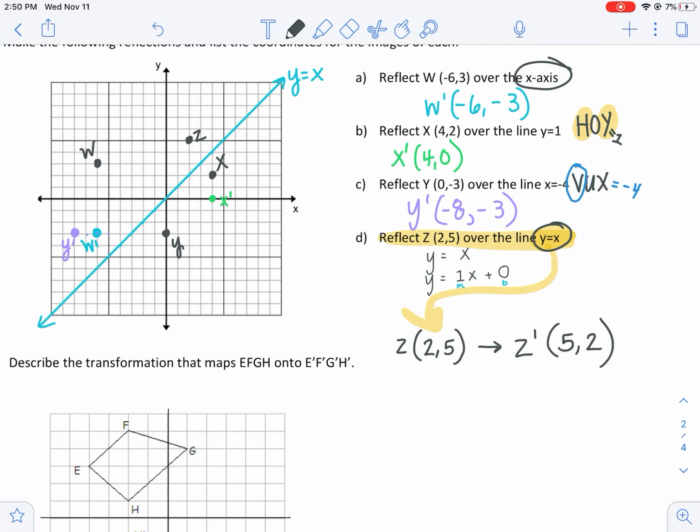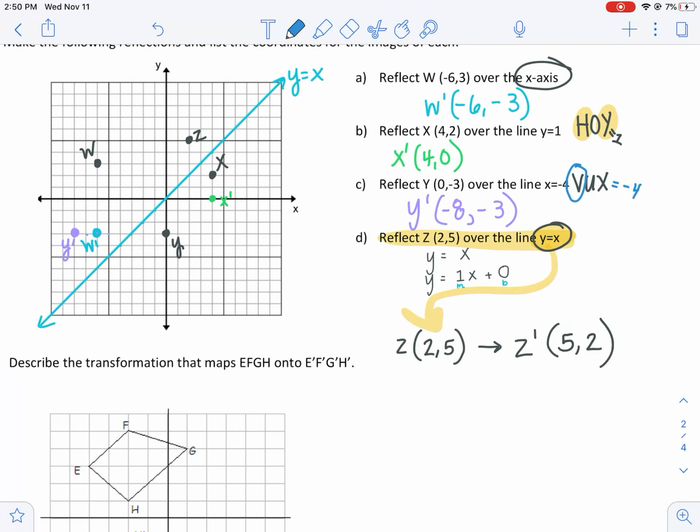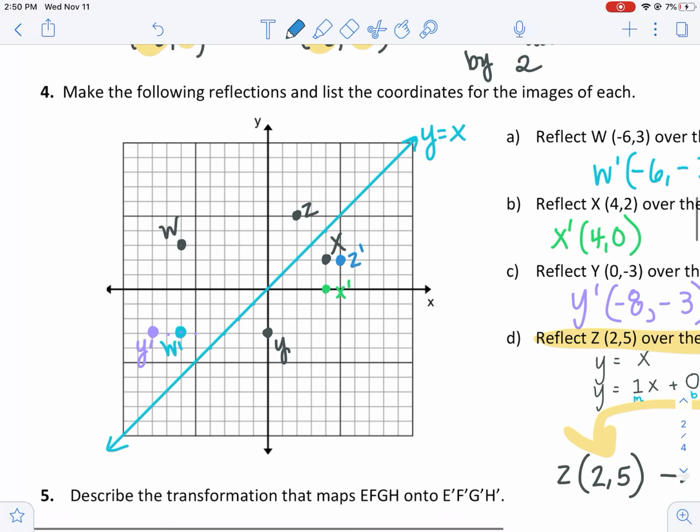All we have to do is flip-flop our x and y coordinates. So, if that was z, z prime will be at this point right here.